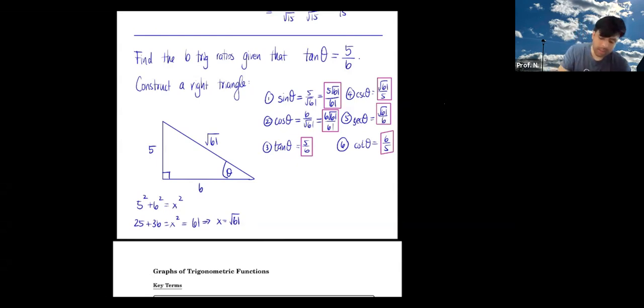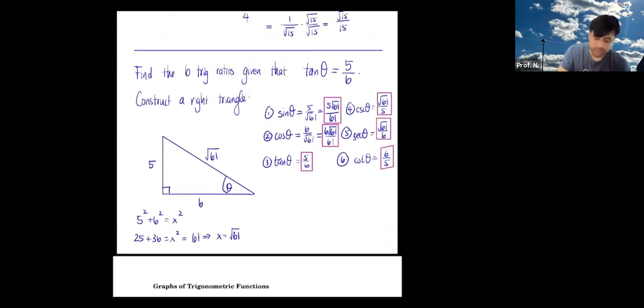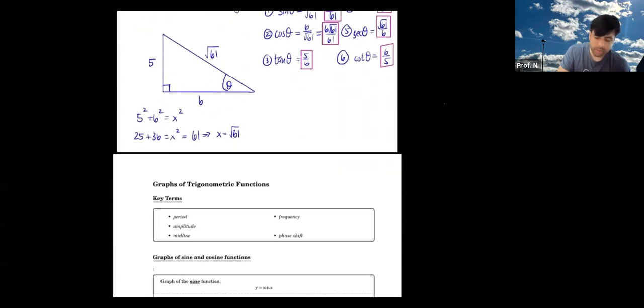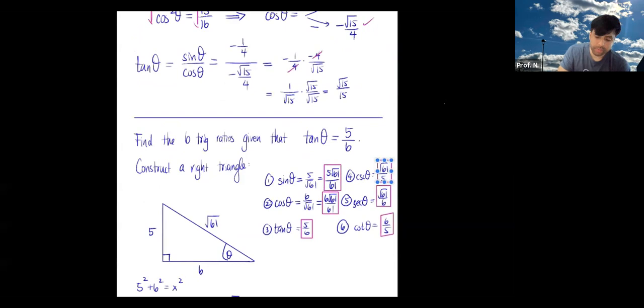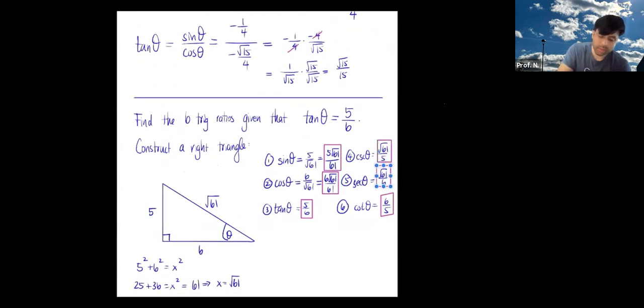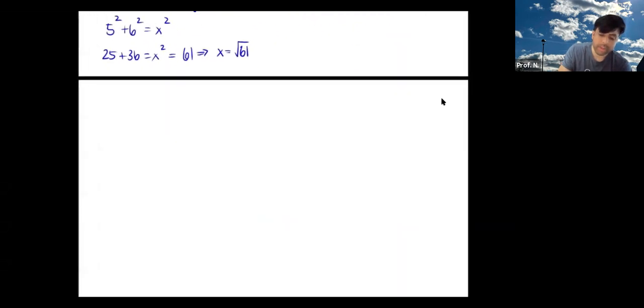Okay, and so we're hopefully going to end up with the graphs of trig functions, which is the very next thing. But before we get into that, I want to talk more about right triangles.